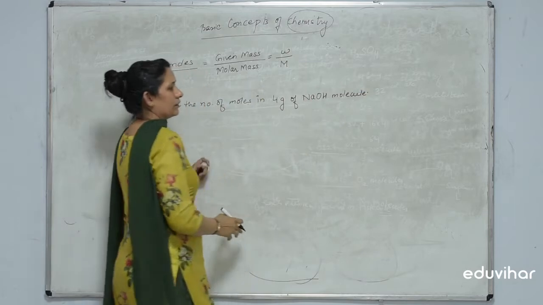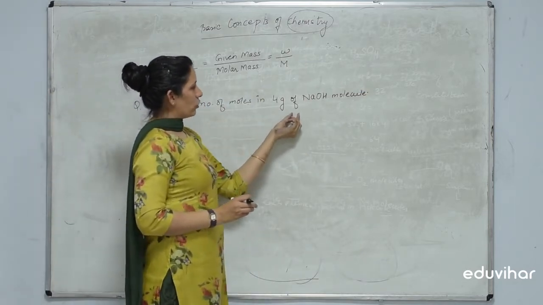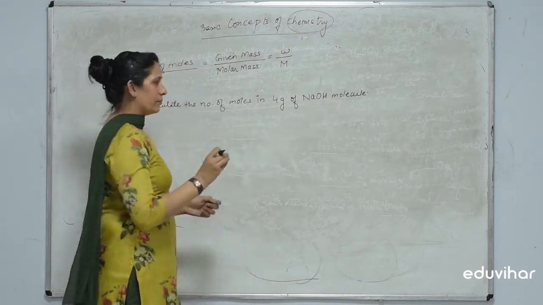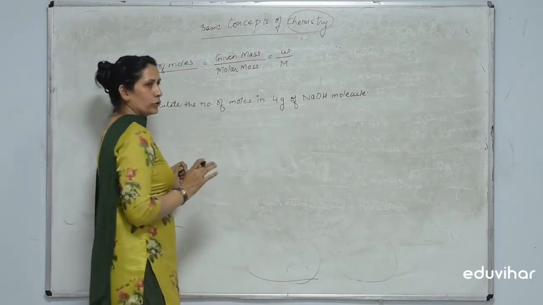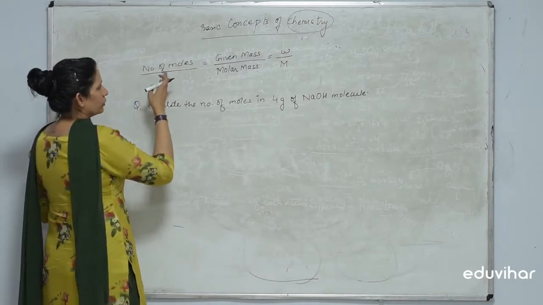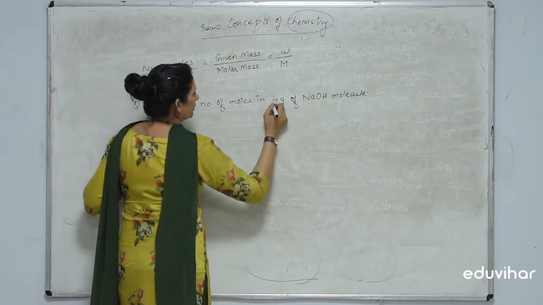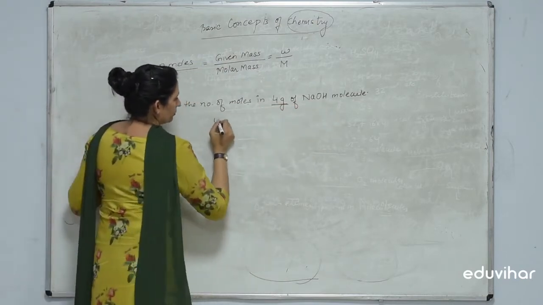You have 4 gram of NaOH molecule and you have to calculate the number of moles. As you know the formula, number of moles is equal to given mass divided by molar mass. In this numerical, the given mass is 4 gram. So W is 4 gram.